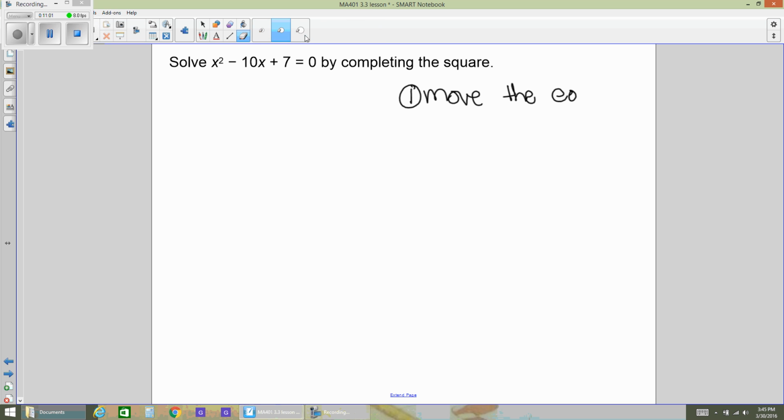That is supposed to be a C for the word constant. Okay, in order to move it, I'm going to have to subtract. So I have x squared minus 10x equals negative 7.